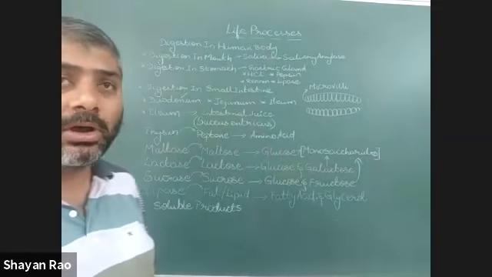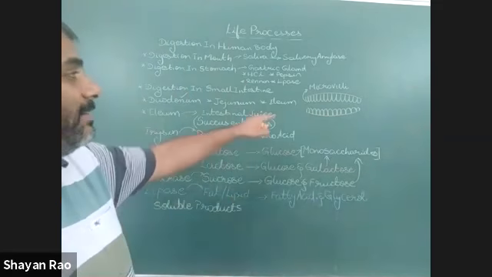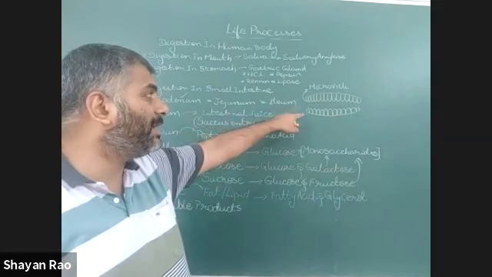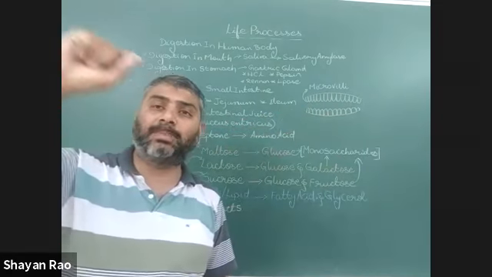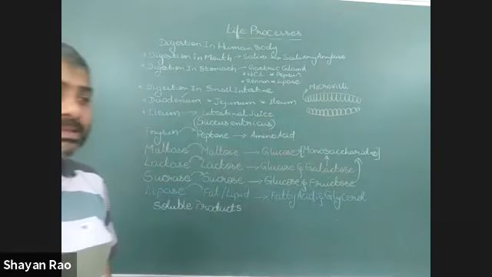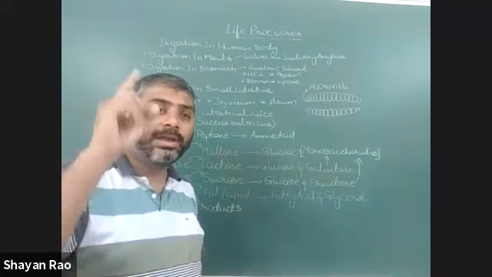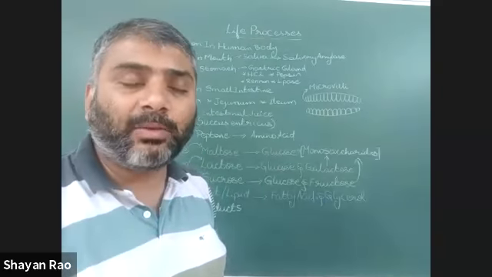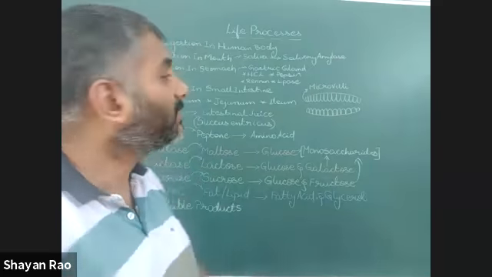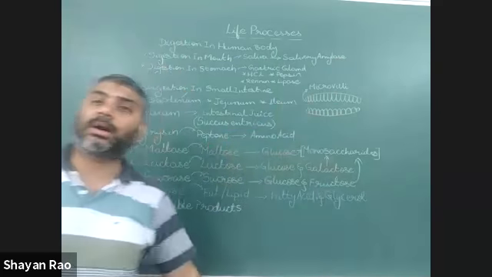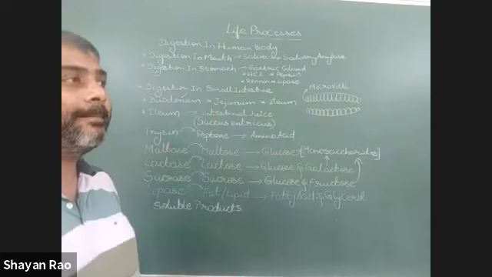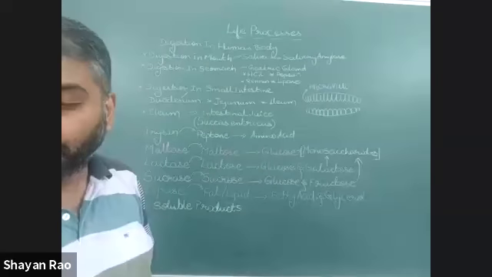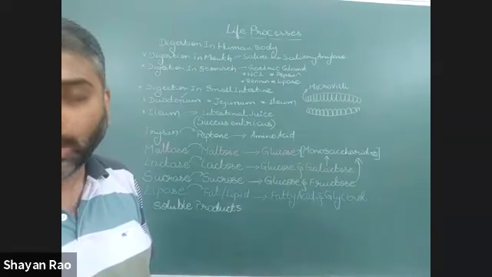The digested food molecules absorbed by the microvilli get transported to the blood vessels. From the blood vessels, they are transported to every cell where there is a requirement of energy. That's how the activity of absorption takes place. Is that clear to you, everybody? Hello? Yes, sir.